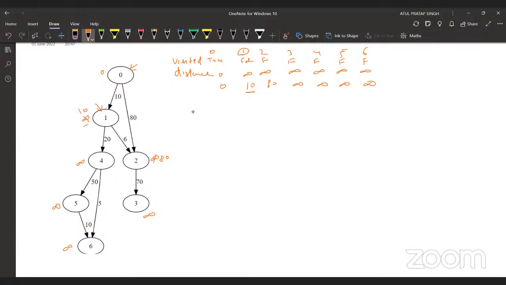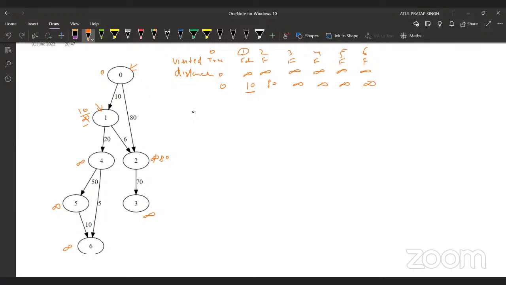So we can move from 1 to 4 and 2. Now the distance on this vertex is 10. So we will add this distance to the next edge value, because we are considering the path from the source 0.